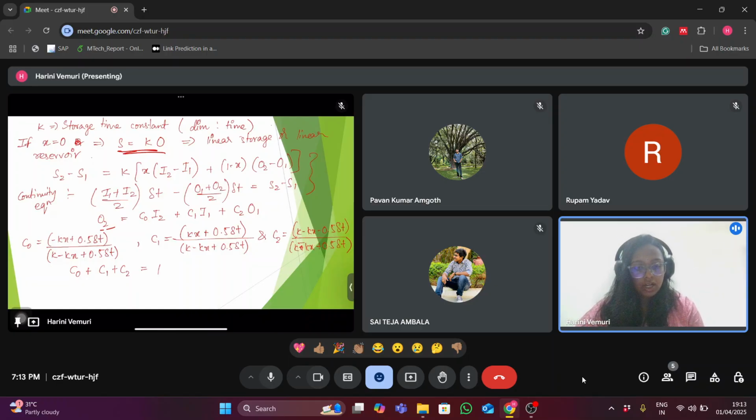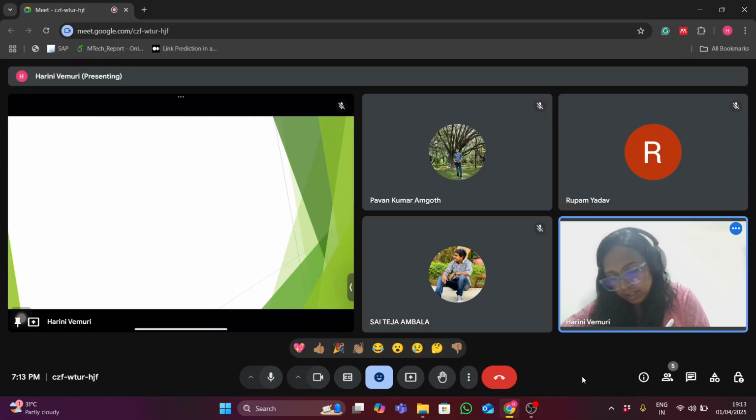So how will we find the values of k and x? If we have the inflow data, then first we will plot storage versus the x into I plus 1 minus x into O curve.